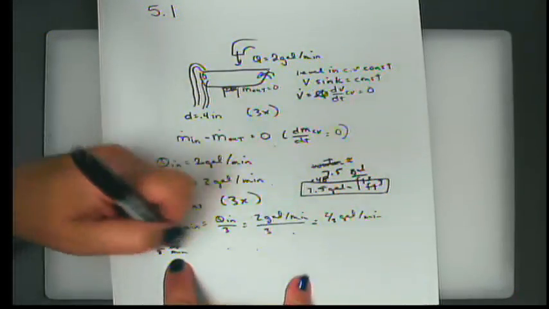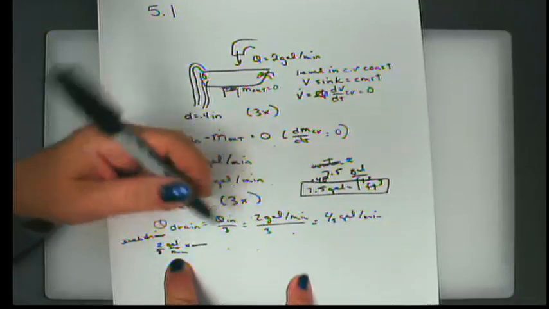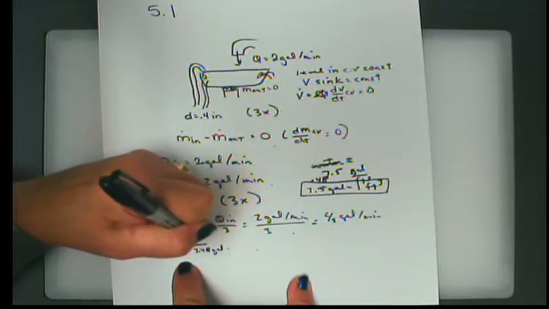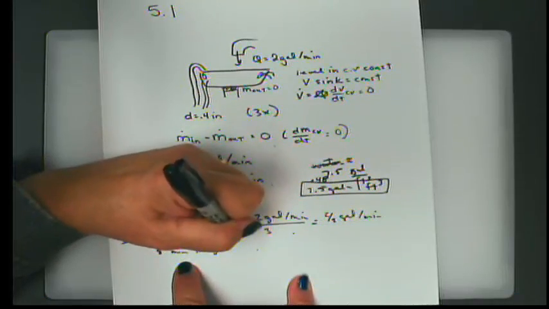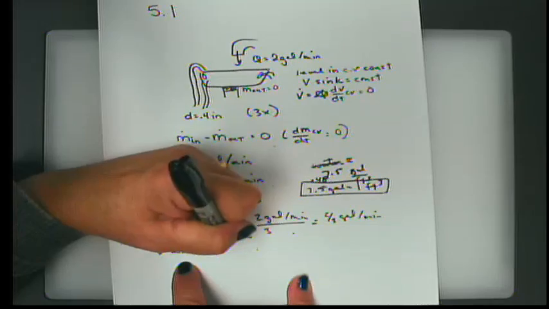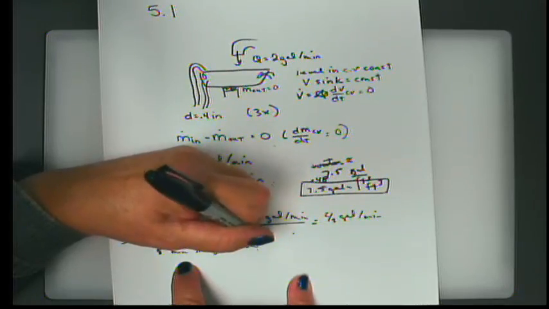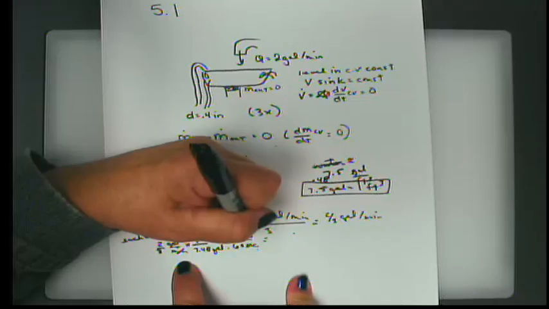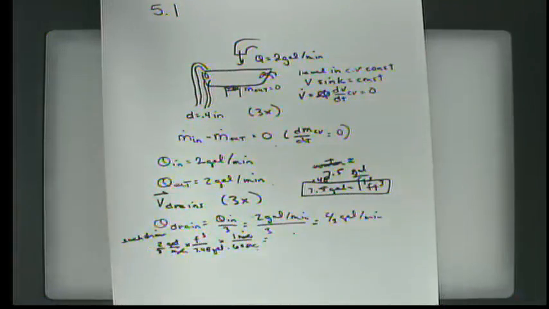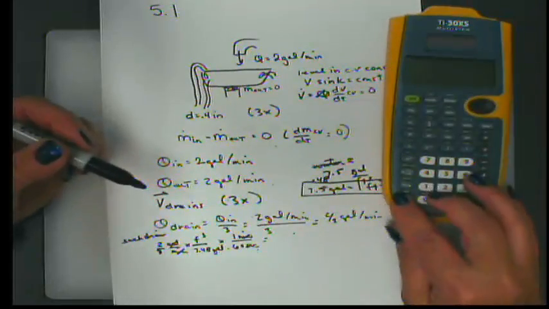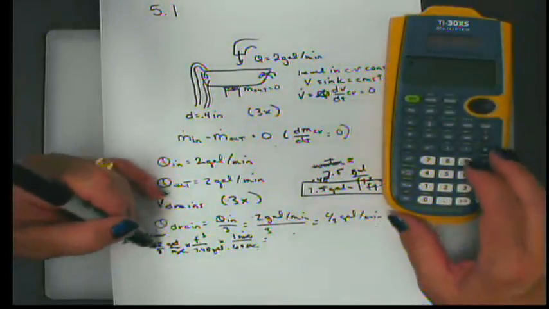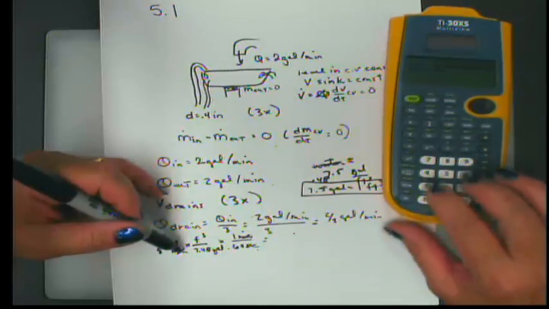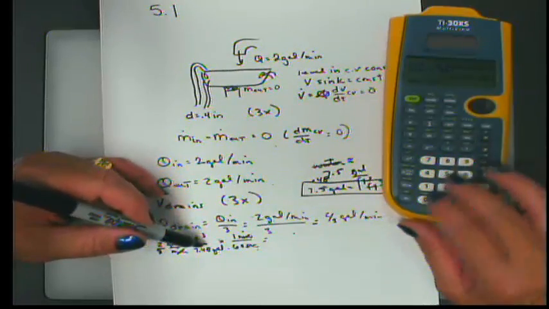All right, so if we have 2/3 gallons per minute and we have 7.48 gallons per cubic foot, and we have 1 minute per 60 seconds, we can convert our gallons per minute to cubic feet per second per drain, because I've divided this by 3, and I get 2 divided by 3 divided again by 7.48 and divided again by 60.